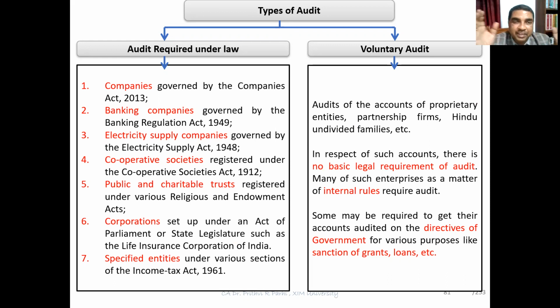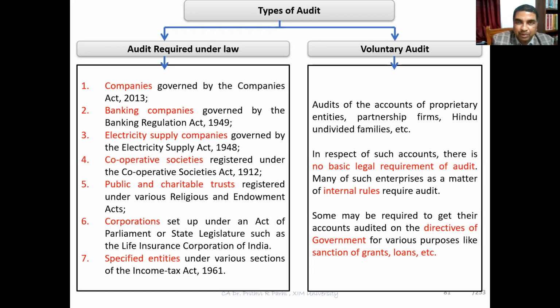Some entities, as their internal rule, decide that financial statements need to be audited. Sometimes auditing is required as a direction from government. Governments may issue directives that accounts need to be audited when governments sanction some loans, grants, etc. So that may be a prerequisite. So this is how we can classify the audits broadly. Some of the audits are statutory audits, some are voluntary audits.